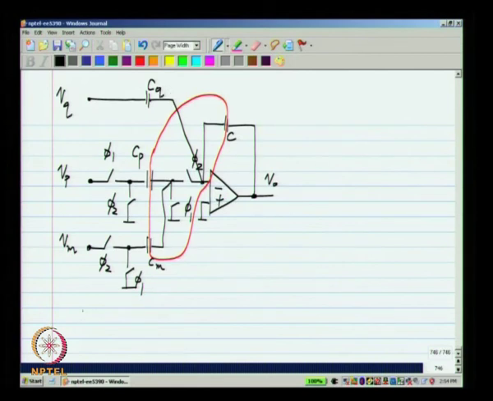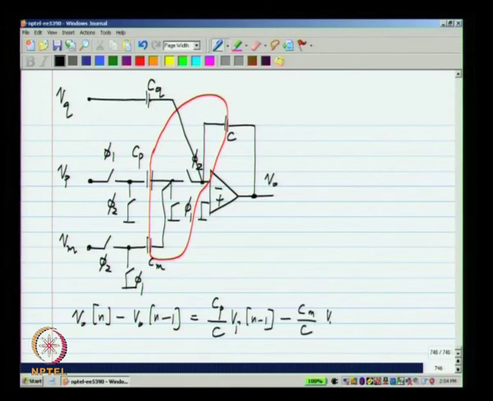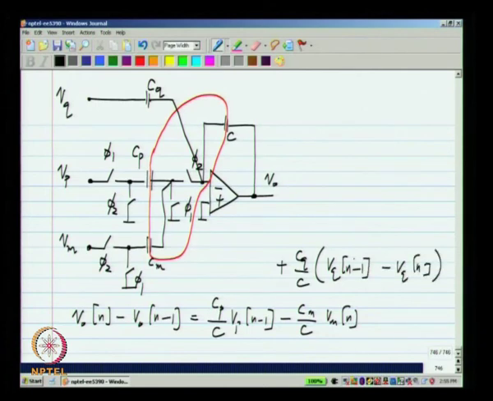In that case, VO of n minus VO of n minus 1 turns out to have Cp by C Vp of n minus 1 minus Cm by C Vm of n, and plus Cq by C Vq of n minus 1 minus Vq of n.